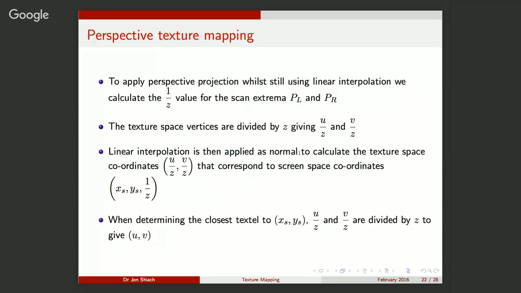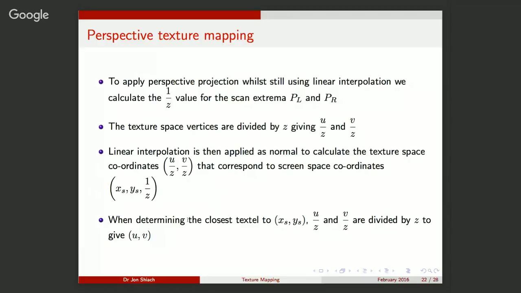So not only have you got x and y, you've got u and v, you've also got w in there. So we've got 3 dimensions in our texture, well, pseudo 3 dimensions, and we've got 3 dimensions in our screen space. So that's our screen space coordinates, xs, ys, and 1 over z. Here we've got texture space coordinates, u over z and v over z.